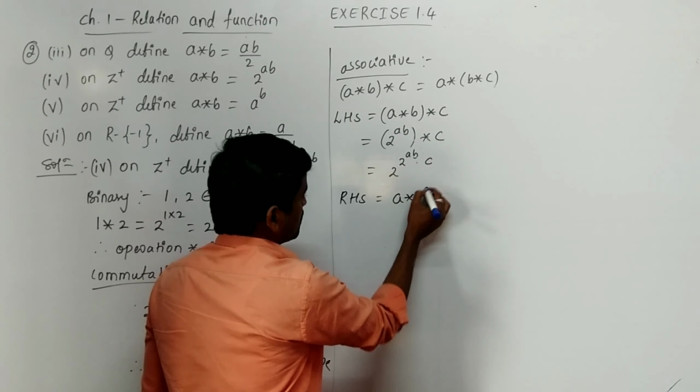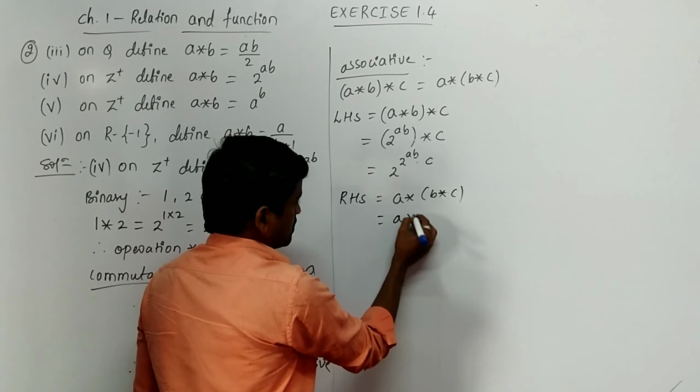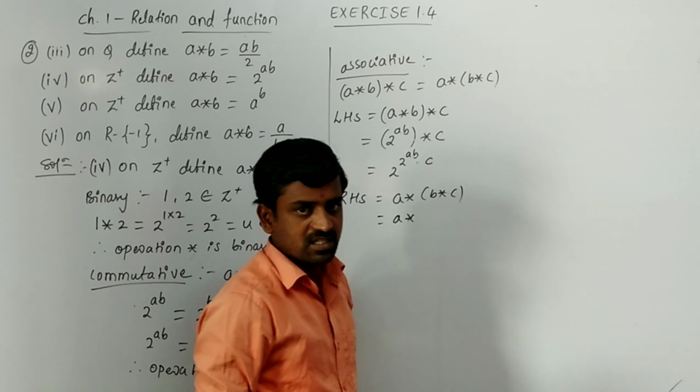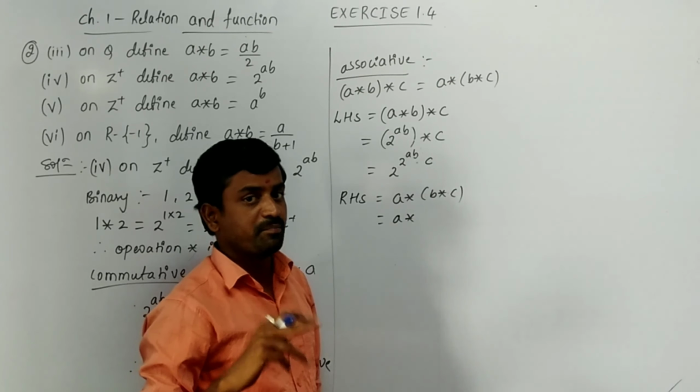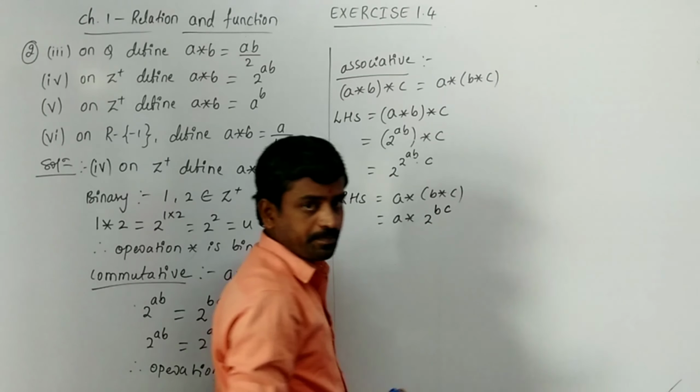a star b star c. b star c is 2 to the power of b into c.